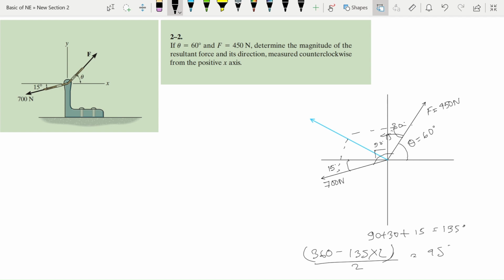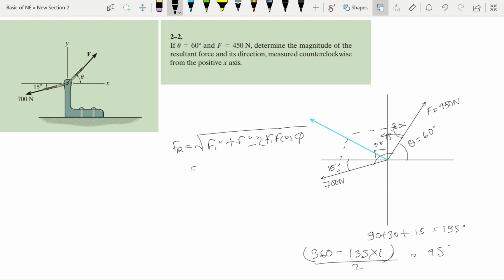Now we will apply the cosine rule. R is equal to root over F1 squared plus F2 squared minus 2 F1 F2 cos phi, let's say.